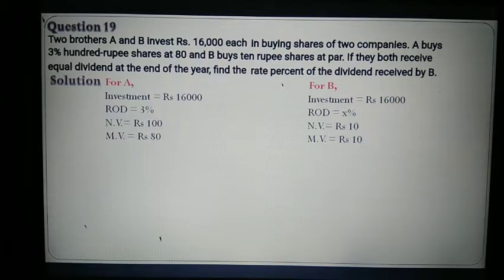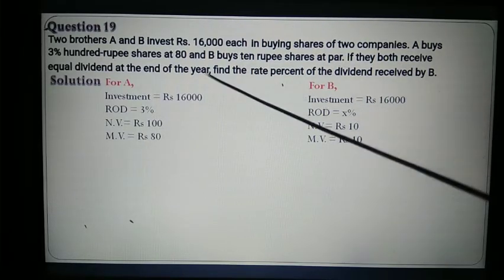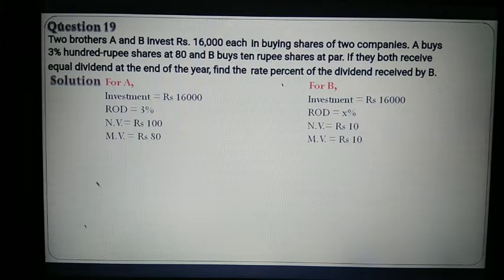Now question says they have received equal dividend. So since they have received equal dividend, we will try to calculate the dividend in each case. To calculate dividend, that is annual income, the formula says number of shares into rate of dividend into nominal value.